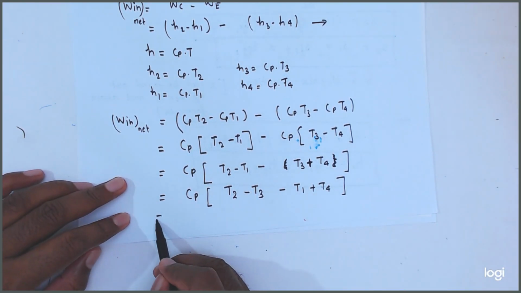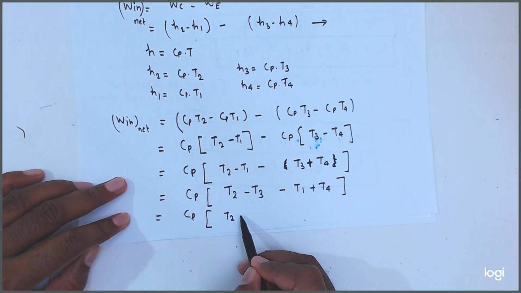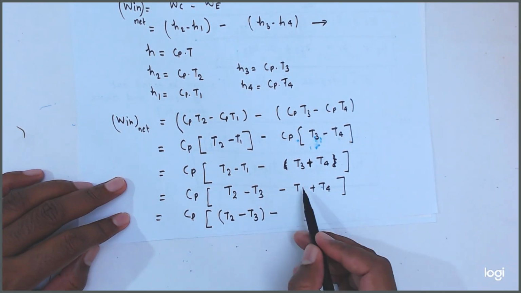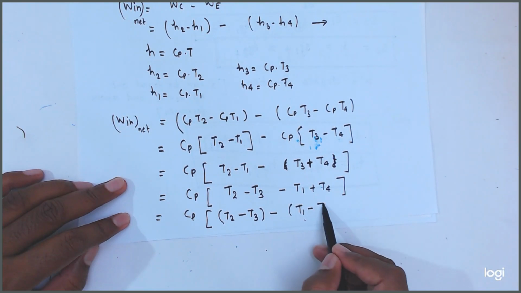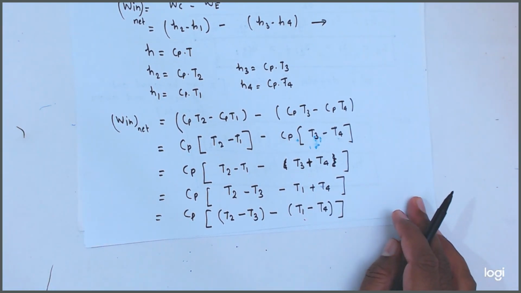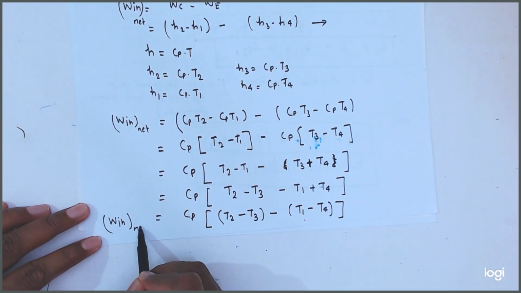Nothing changed, so Cp is common. We combine T2 minus T3, and take minus common here, so what happens is T1 minus T4. So this is the net work done, W input, the net.